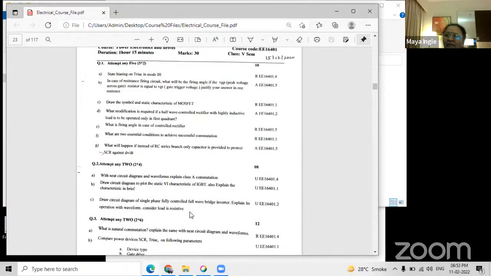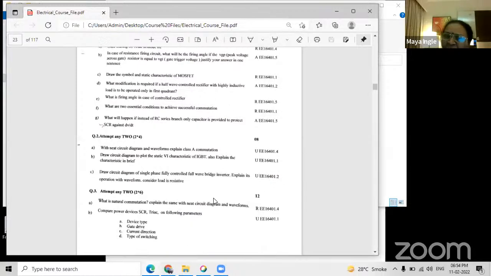Then the test question paper. Now you can see that these are the levels, levels in terms of complexity: hard, medium, very simple, something like this. These are the rubrics, and accordingly the coding has been done by the institution, so you have to associate those levels.